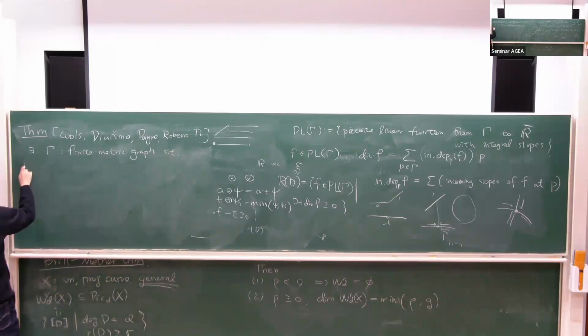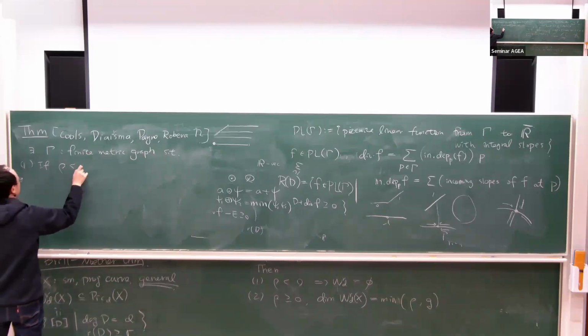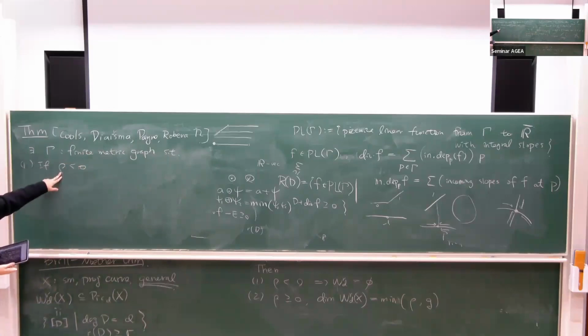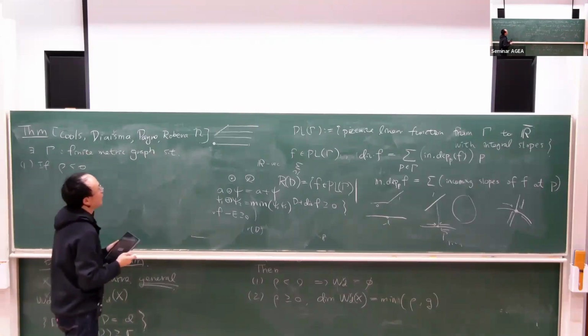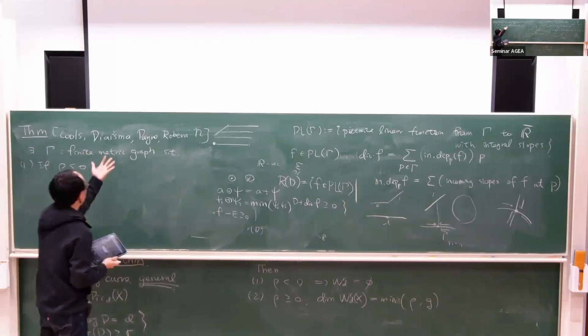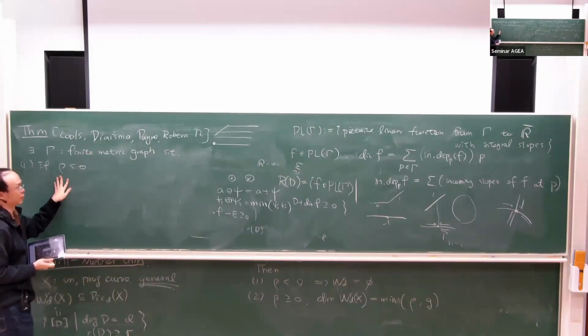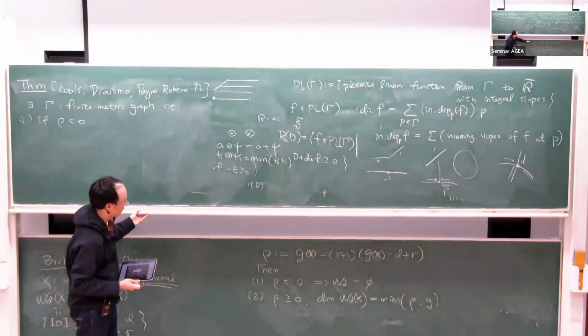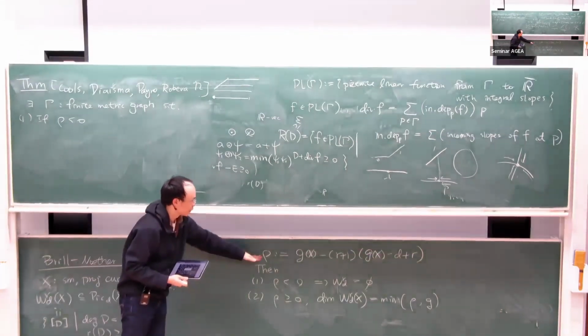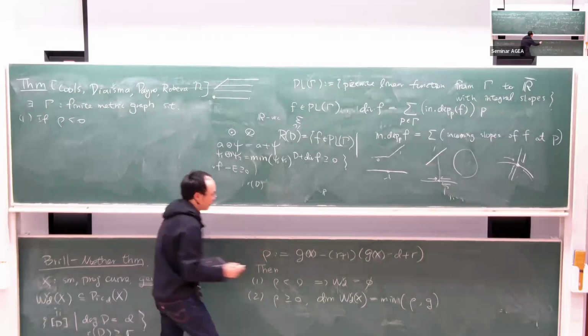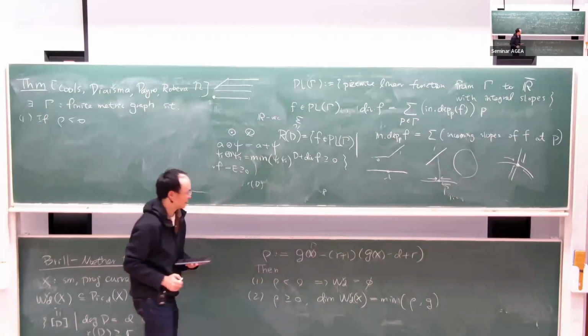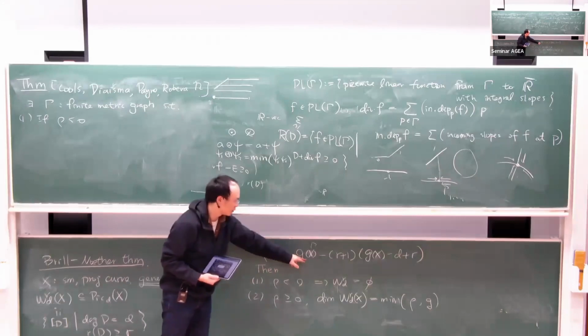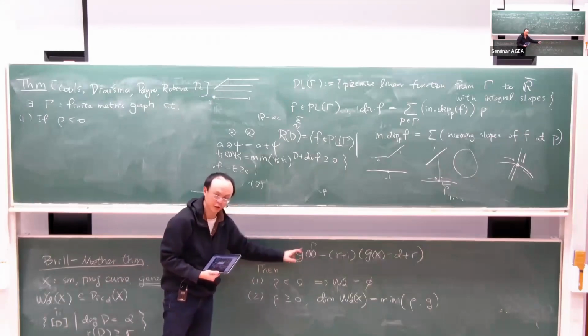So first, we can still talk about the Brill-Noether number associated to a graph. If X is a graph, you just need to replace the genus of the curve by the genus of the graph.